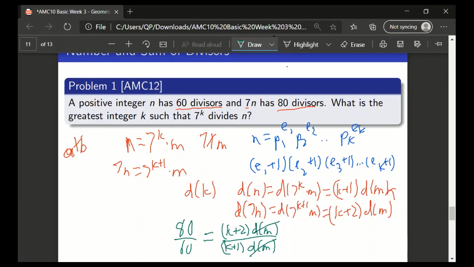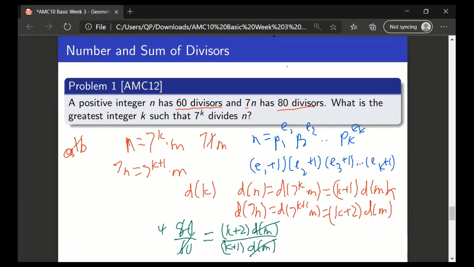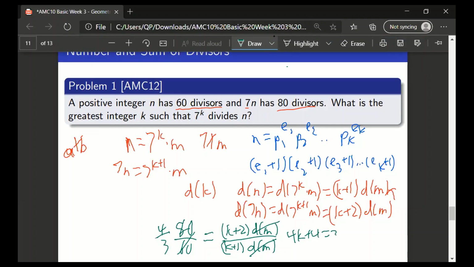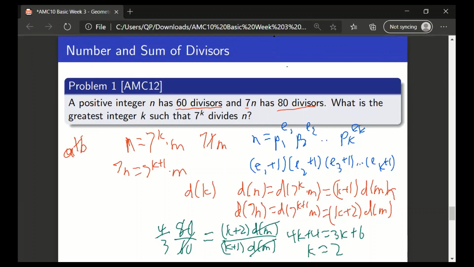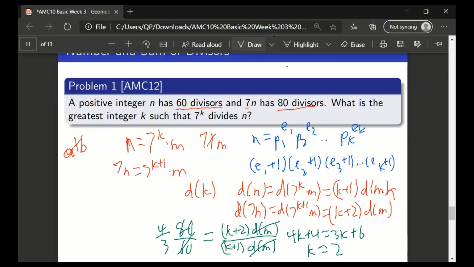And so this just equals 4/3. So 4k + 4 equals 3k + 6, and so k equals 2. The answer would just be 2, because we want to find the greatest k such that 7^k divides n. So are there any questions?